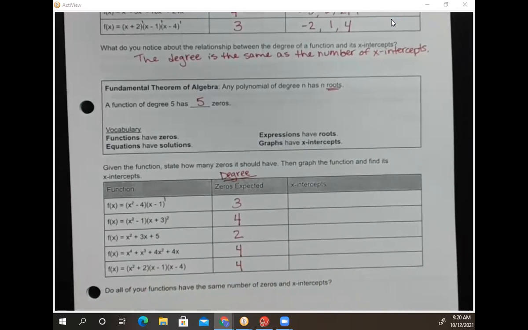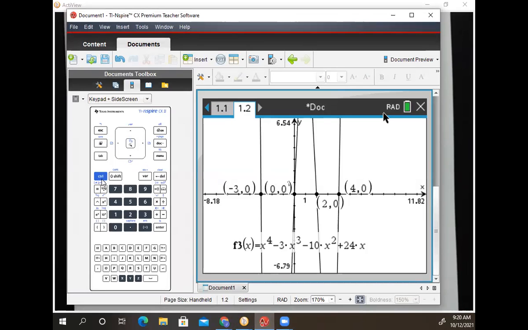Now let's take it to the graph. Okay, so we're going to graph each of these. Okay, let me pull up my calculator here. And I'm going to make a new page again.